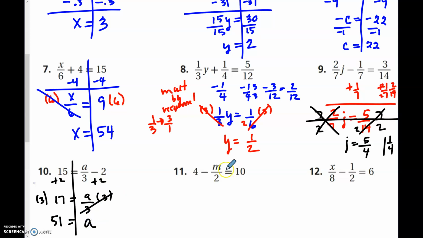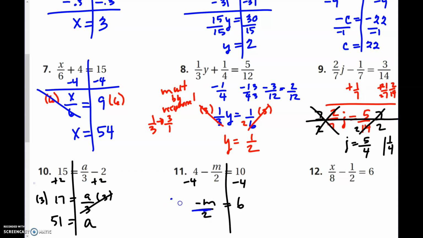All right, number 11. So because this is a positive 4, we are going to subtract 4. So I have -m/2 equals, and 10 minus 4 is 6. All right, this over here says a -m and a 2, and it's divided by 2.